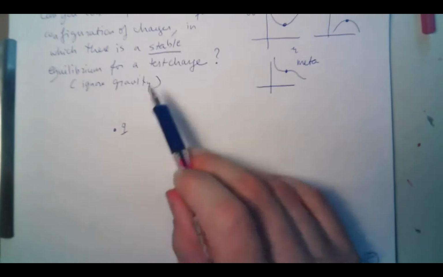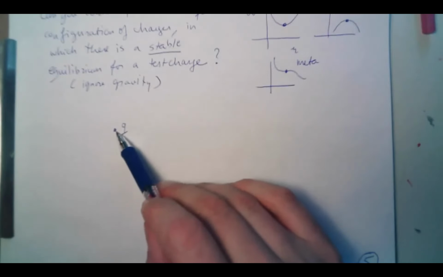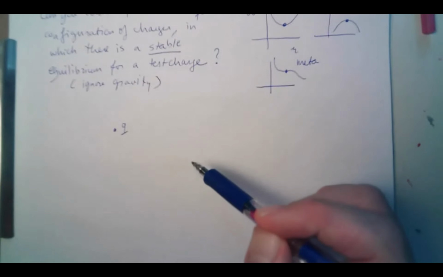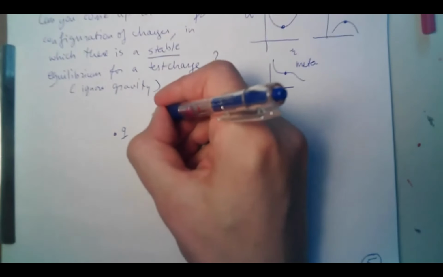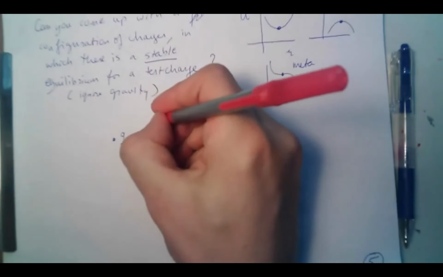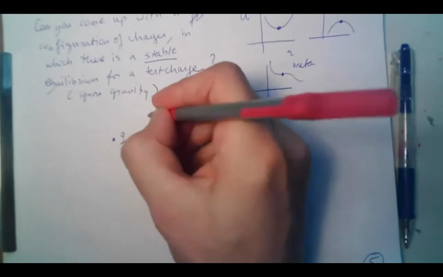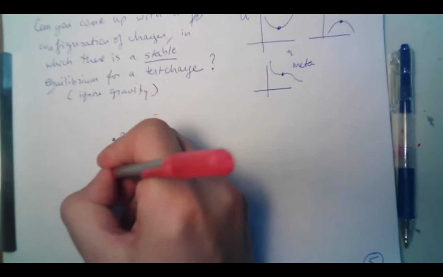So for simplicity's sake, let's call this thing positive. All right. Then what we could do is take negative charges around it. So negative, negative, and we could spread it all around.